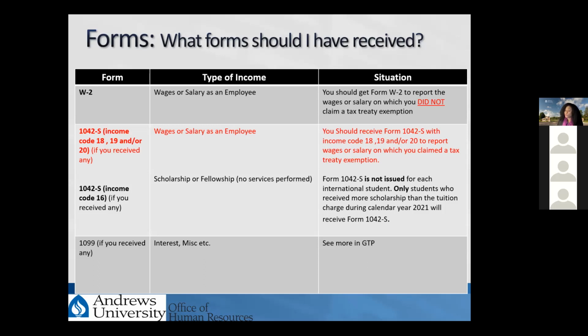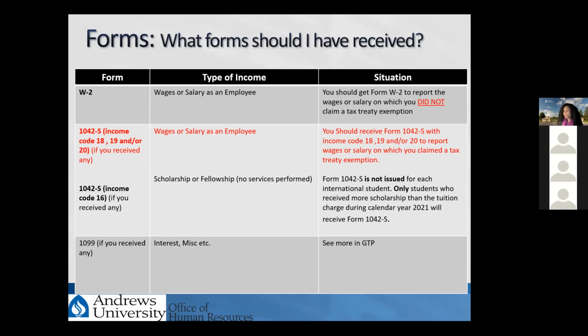So 2021, if you receive so much scholarship that is so much higher than your total tuition, then sure, you're going to get a 1042S. But if whatever scholarship you got was less than your tuition, you're not going to get a 1042S income code 16, which is for scholarship and fellowship. So watch out for that, okay?